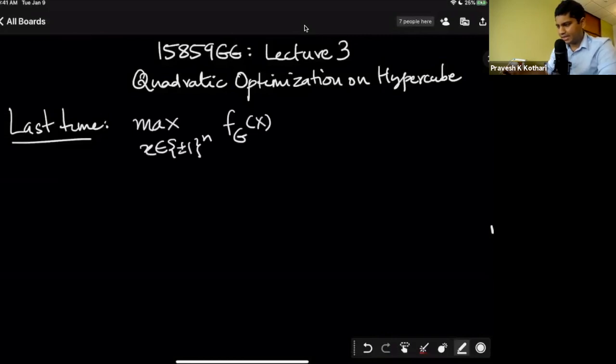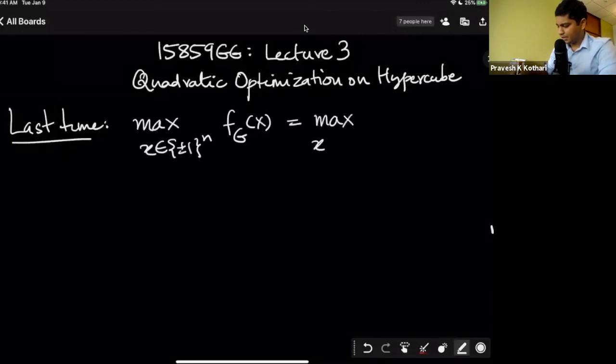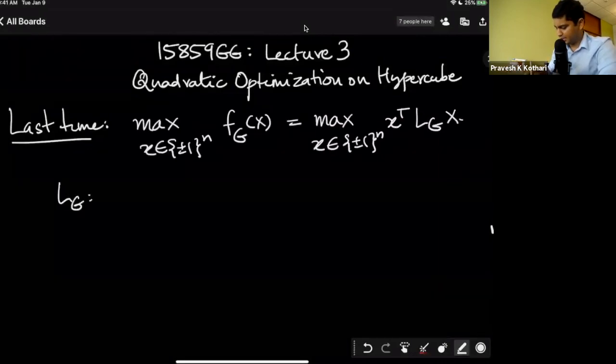Towards the end of the class, I explained that this polynomial can simply be written as a quadratic form of a matrix associated with the graph. We call this matrix the Laplacian matrix of the graph. So L_G is the Laplacian matrix.